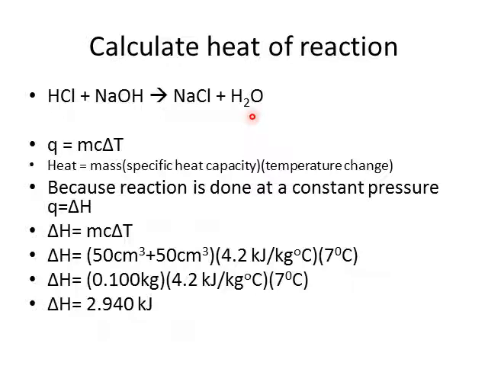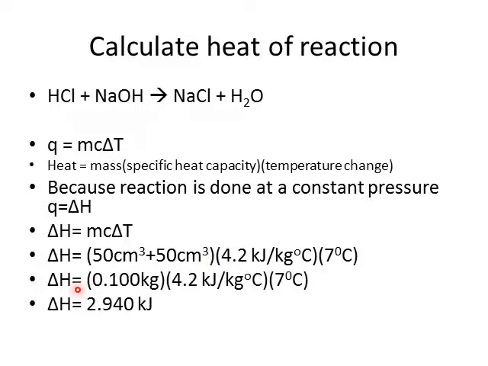Thus the specific heat capacity for water is 4.2 kilojoules per kilogram per degree C. My temperature change, so from our laboratory, our initial readings, let's say, of our acid and base was 10 degrees C. The temperature of the reaction mixture then went up to 17 degrees C. So the difference, T final minus T initial, which would be 17 degrees minus 10 degrees, gives me a temperature change of 7 degrees. This is my delta T.